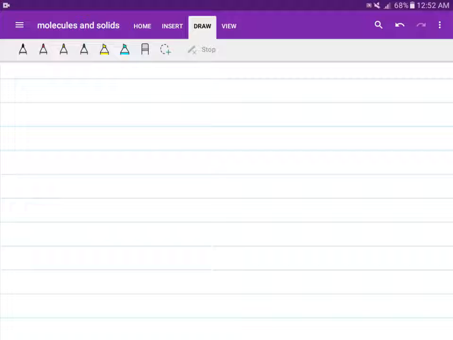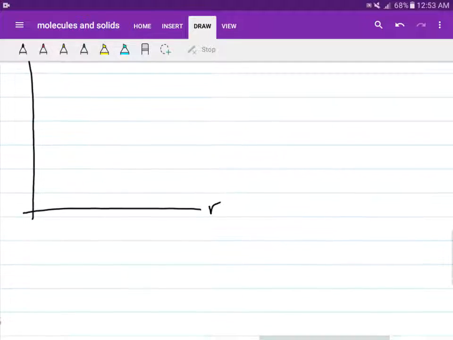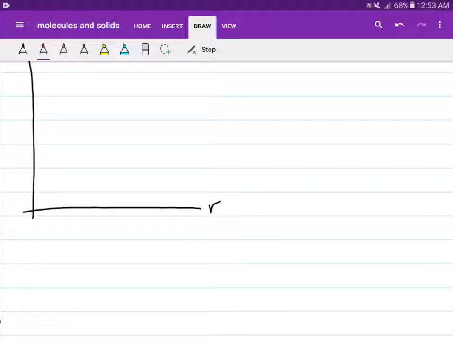Now, if we imagine that these two charged ions interact with one another to form an NaCl molecule, so you want to form an NaCl molecule, the NaCl molecule now will have a potential energy of this form.